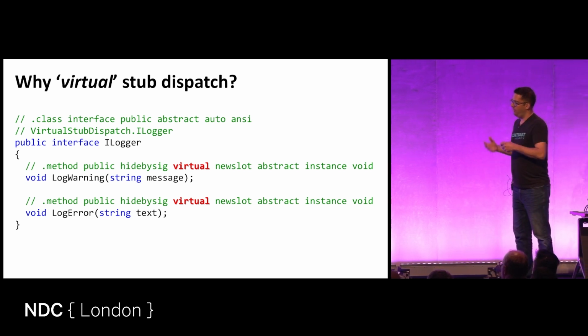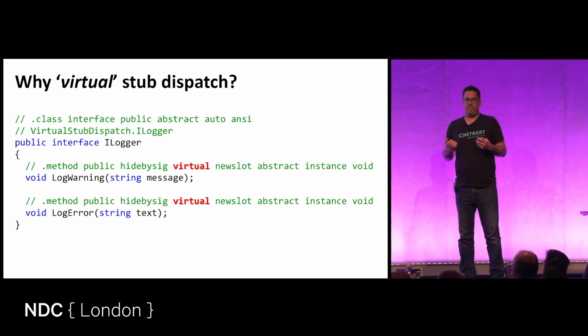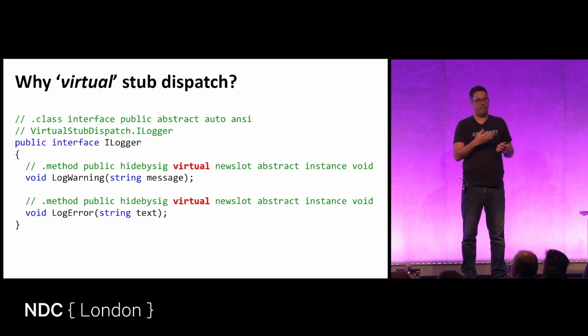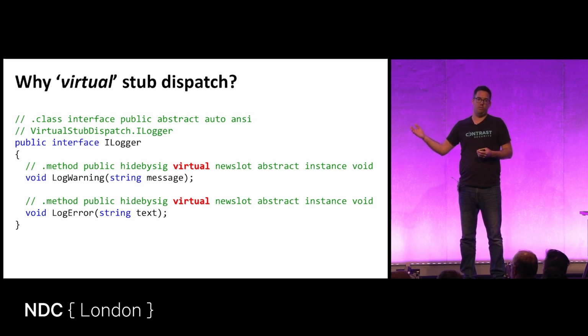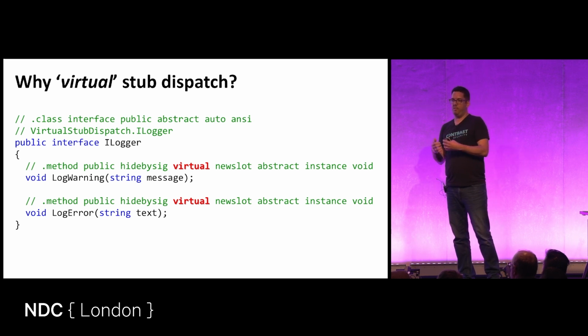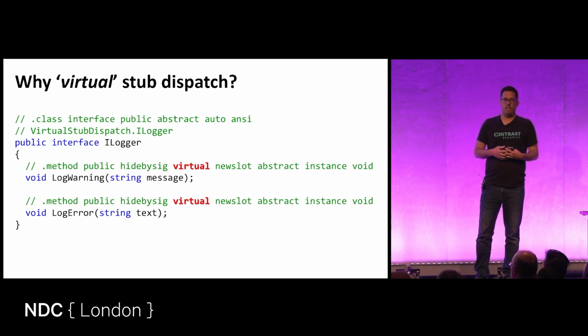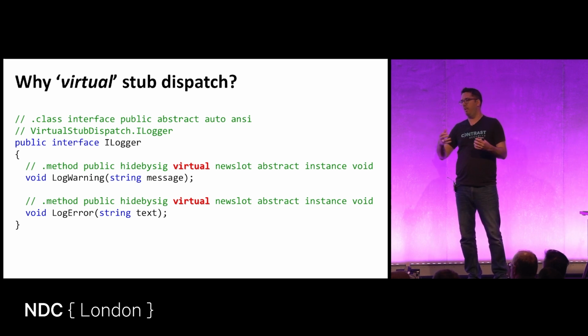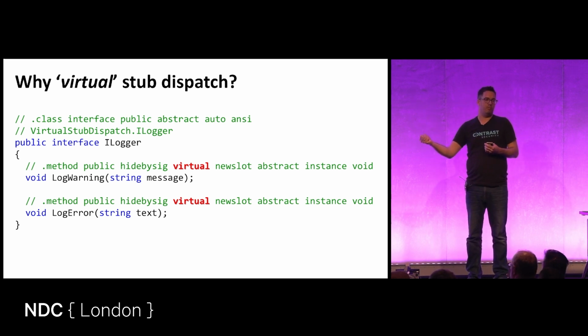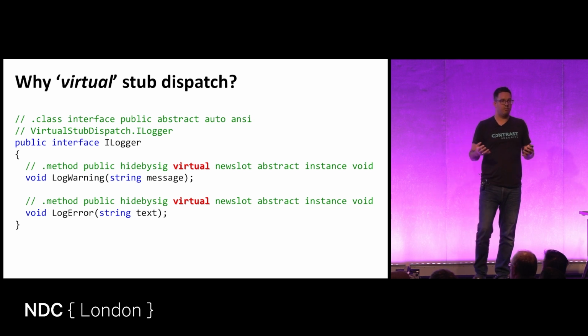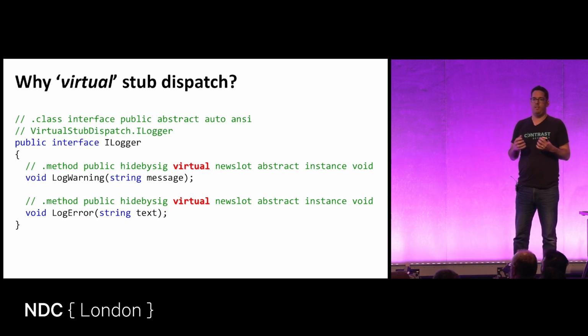I like to think of virtual as essentially because the compiler can't guarantee where that method call is going to live at compile time, because it's behind an interface. You have a method, it's given an ILogger interface. Now you could say it could analyze the whole program and see, okay, there's only one concrete implementation, so it must end up there. Yes, that is true, but the .NET just-in-time compiler doesn't generally do that.